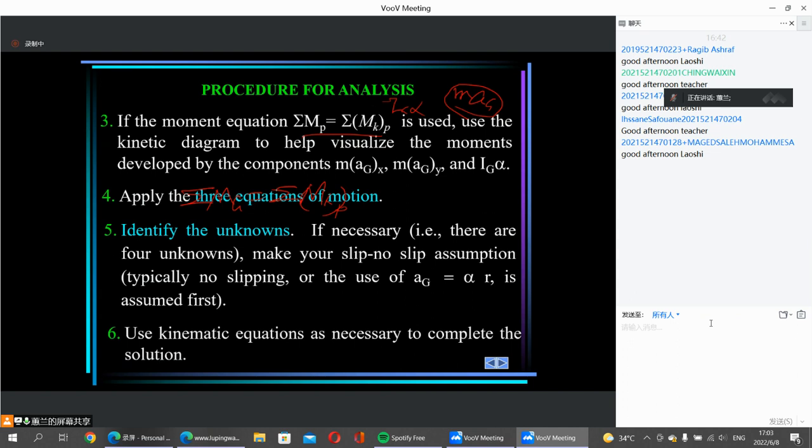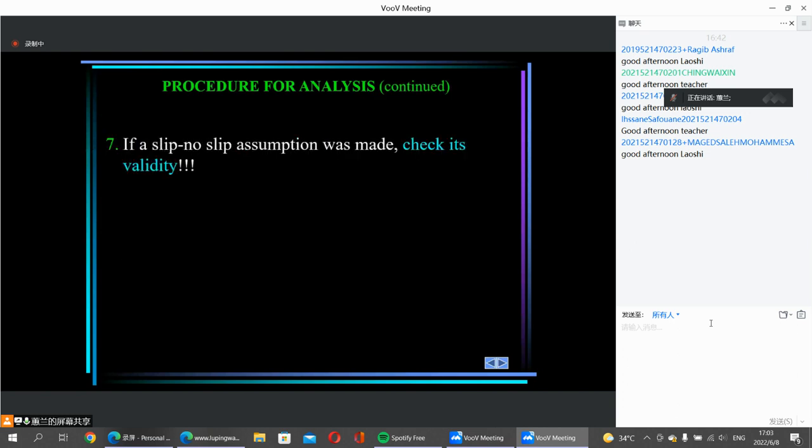Sometimes we need to use mathematical equations to complete the solutions. It's very important that if you assume it's no slipping or it's slipping, you need to check its validity.